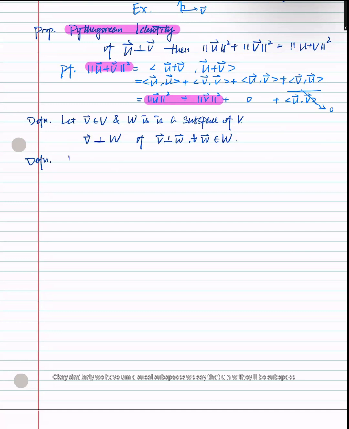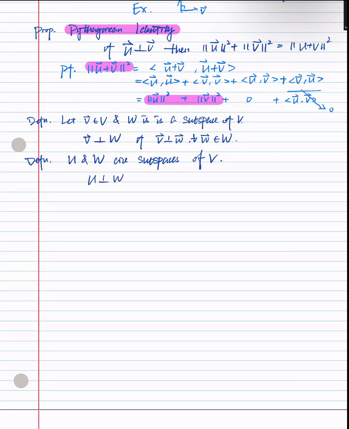Let U and W both be subspaces of V. Then we say U is orthogonal to W if for all u in U and for all w in W, u is orthogonal to w.